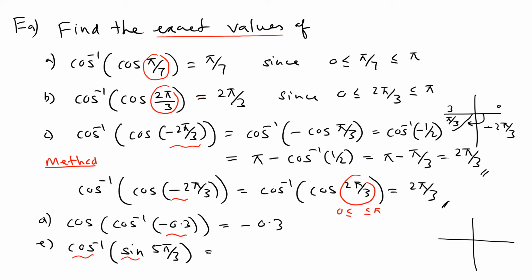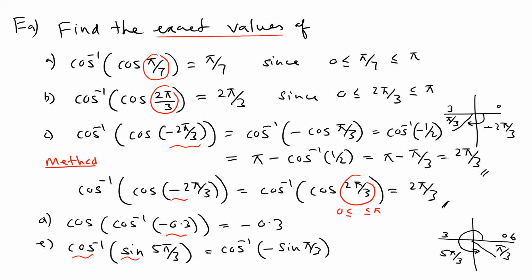It is in the fourth quadrant. This is 5 pi over 3 because it is 0, 3, 6, so it's closer to 6 and is only missing pi over 3. So that's the reference angle, which means negative sine pi over 3. So we rewrite it as cosine inverse, and inside is negative sine pi over 3.